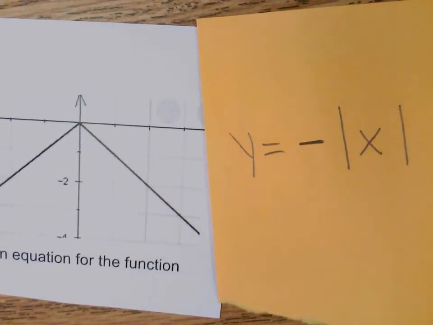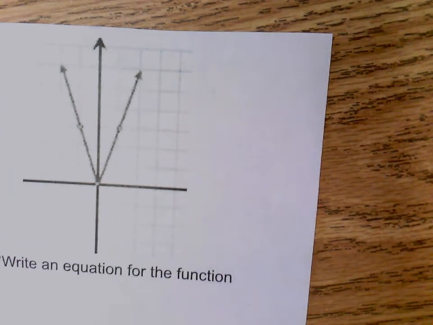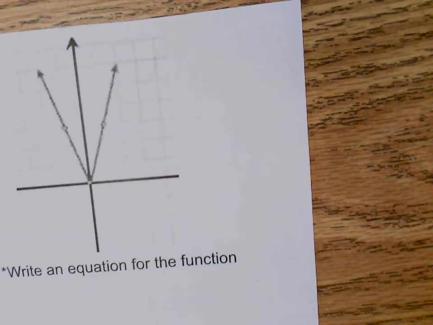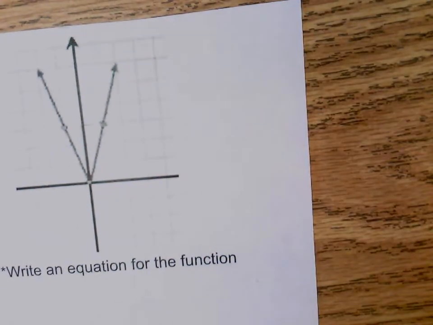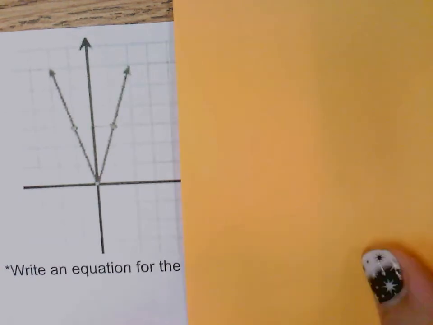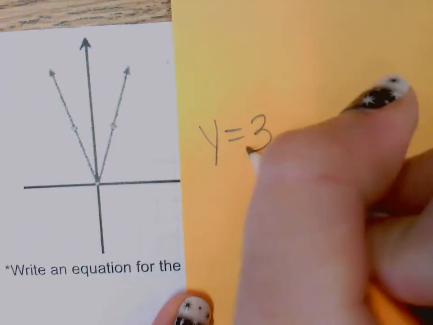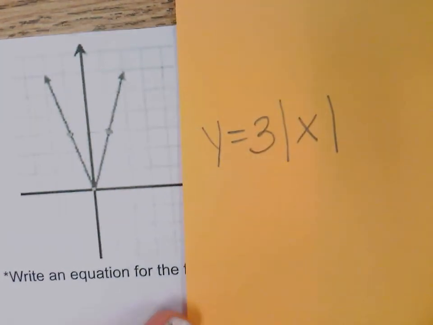Write the range, write the equation. Let's do this one, because this is a stretch. Do you see the one that's steeper? So that's being stretched how tall? It looks like its new slope is up 3. So to do a stretch, that would be 3 in front of the absolute value. So it's 3 times as steep.